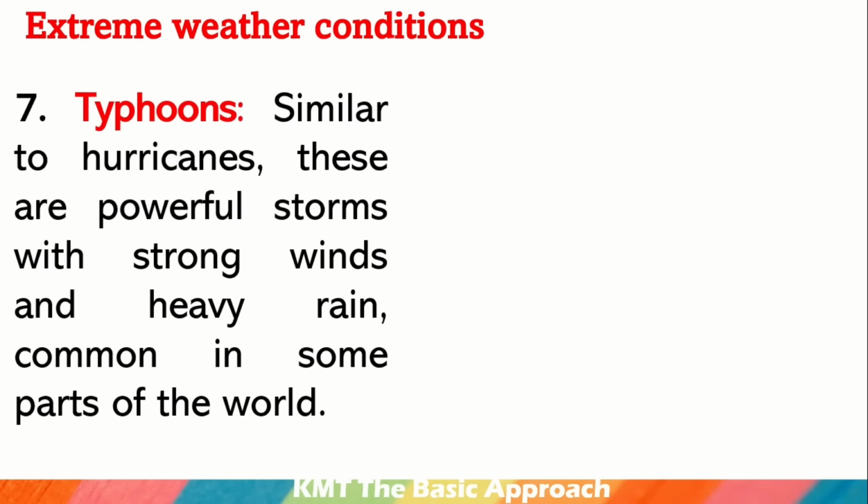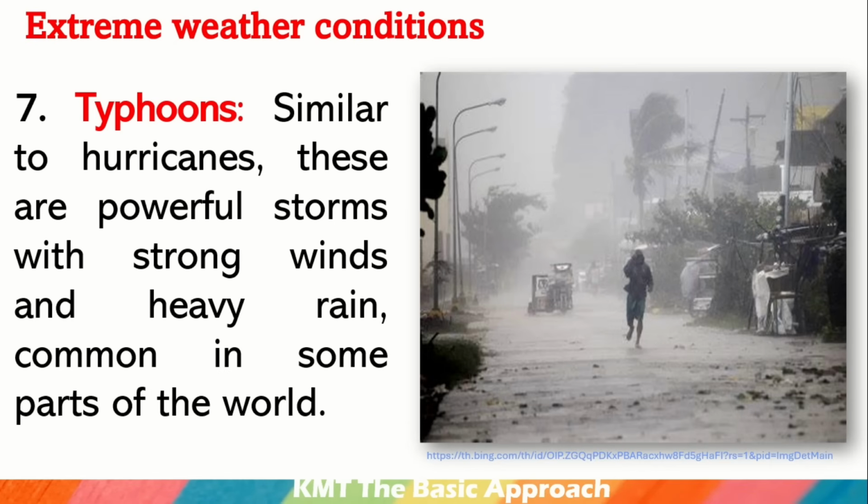Next is number 7, typhoons. Similar to hurricanes, these are powerful storms with strong winds and heavy rain, common in some parts of the world.